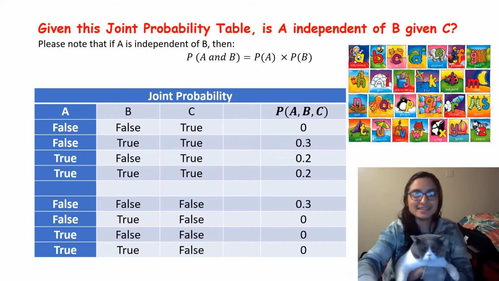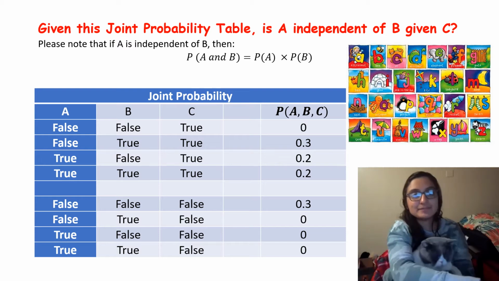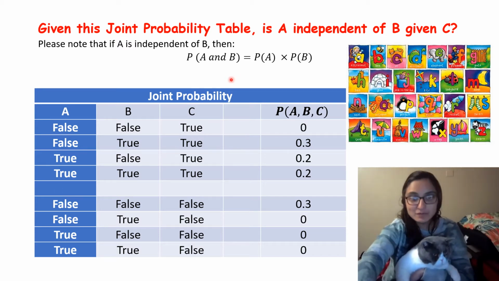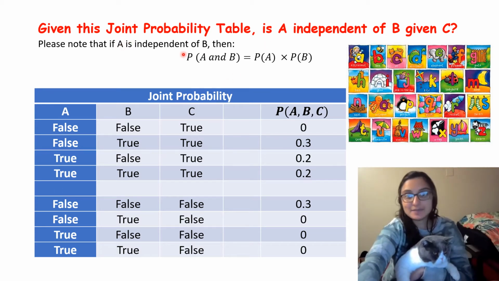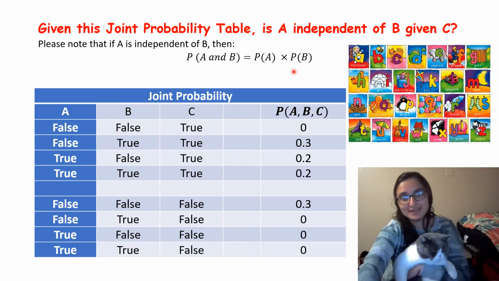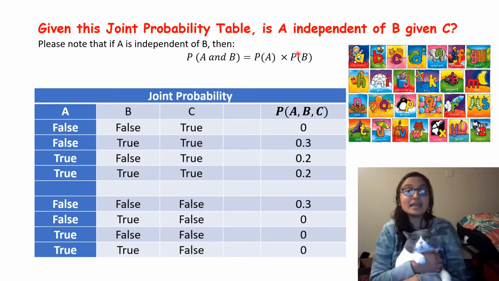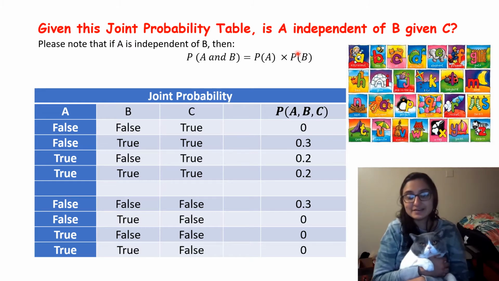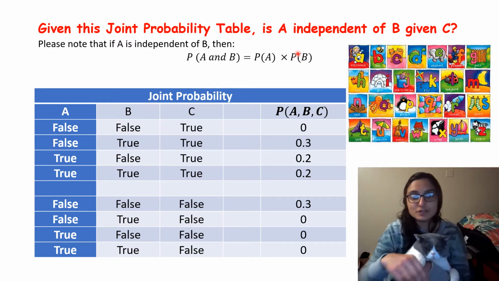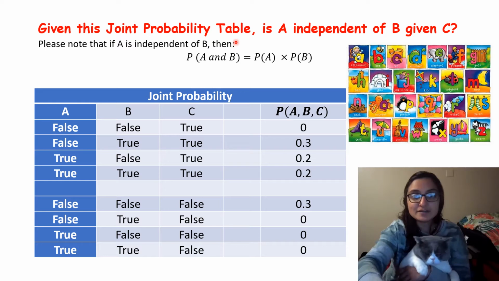So basically, if A is independent of B, then the probability of A and B is just the probability of A multiplied by the probability of B. Now all we're saying is, is A independent of B given the value of C? All we have to do is add the given C part to each of these probabilities.